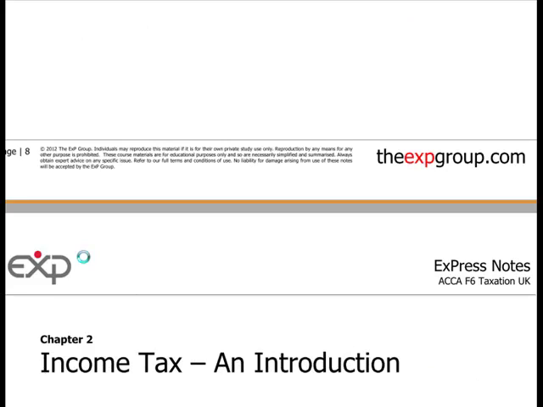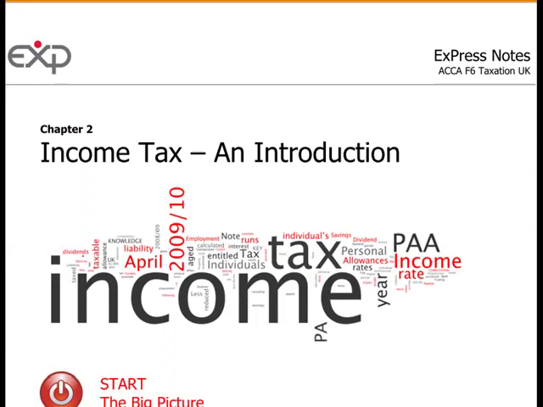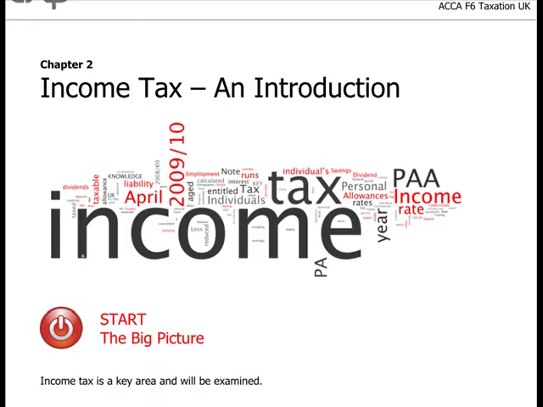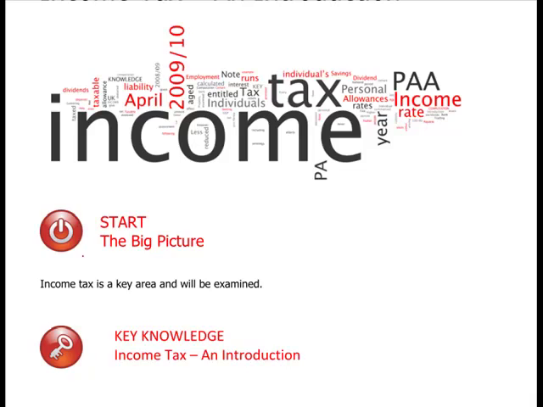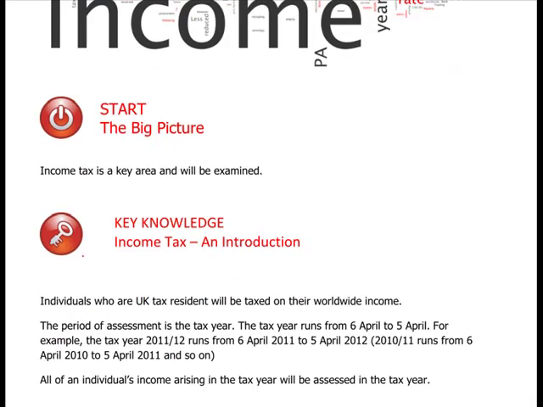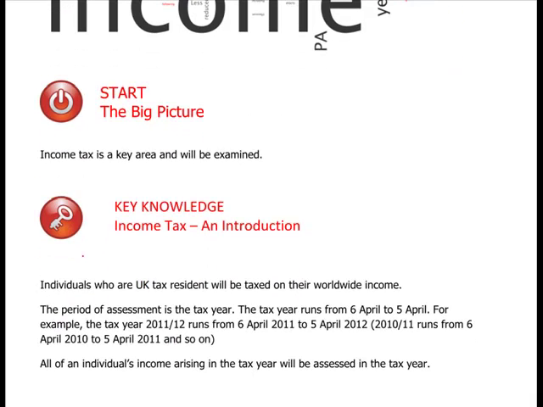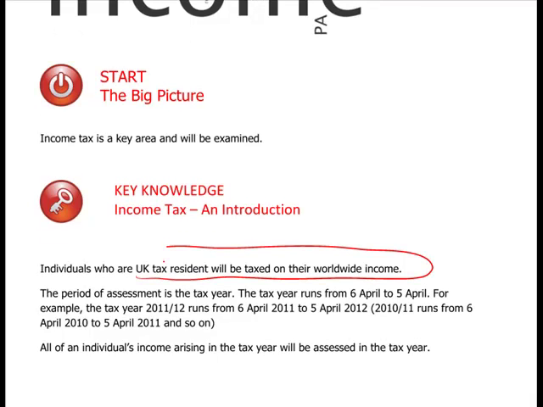Okay, that's chapter 1. Chapter 2, a bit more interesting. Income tax, introduction. It will be examined. Individuals who are UK tax resident will be taxed on their worldwide income. Okay, so it's not just what they earn in the UK, but also property abroad, for instance, will be taxable in the UK. The period of assessment is the tax year.